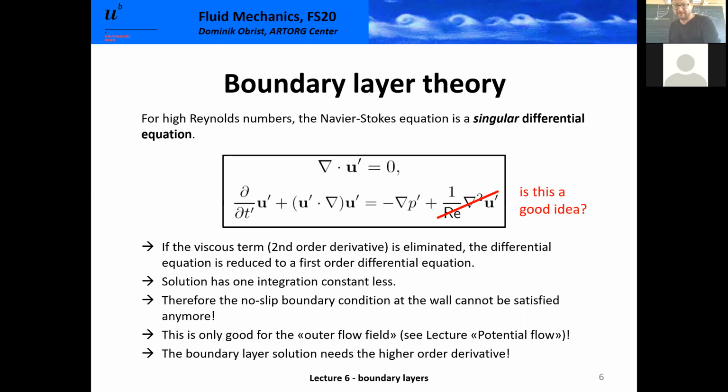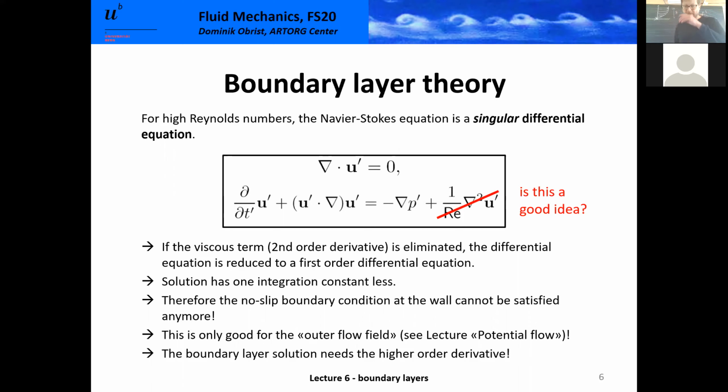And we know that the viscous term is multiplied by the factor 1 over Reynolds. And so in the case of high Reynolds number flows, where inertia is dominant and viscosity is relatively small, this term, 1 over Reynolds, becomes small, and that's why people 100 years ago, 120 years ago thought, let's just get rid of this term. And that poses some problems.